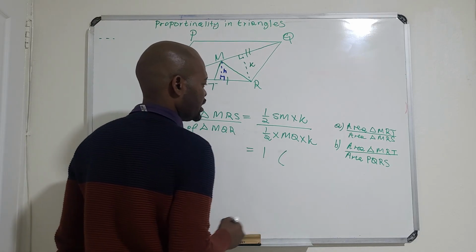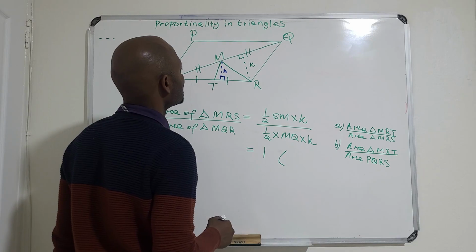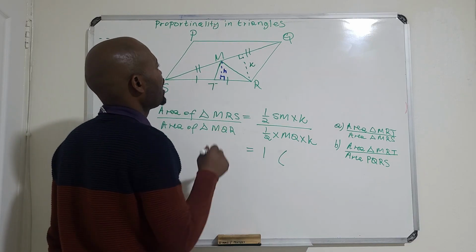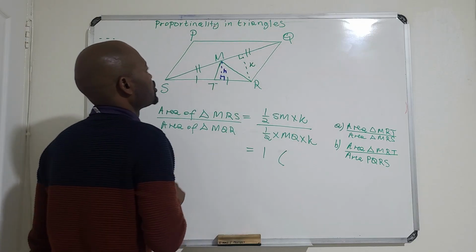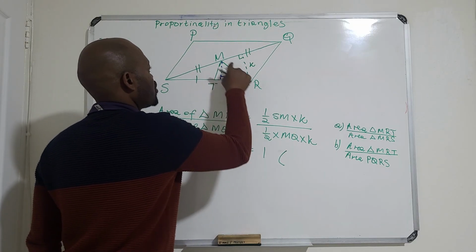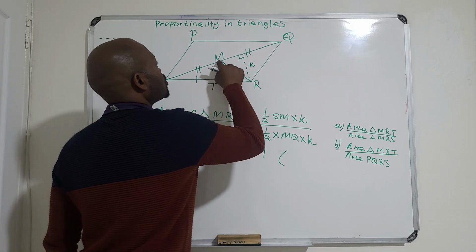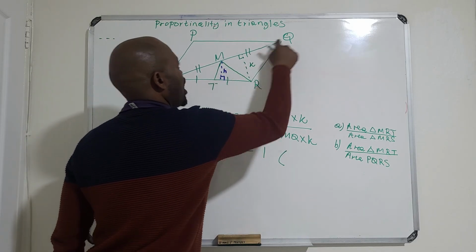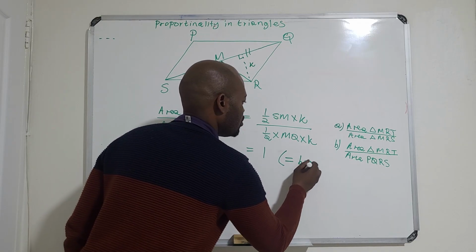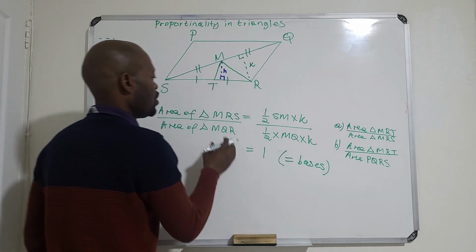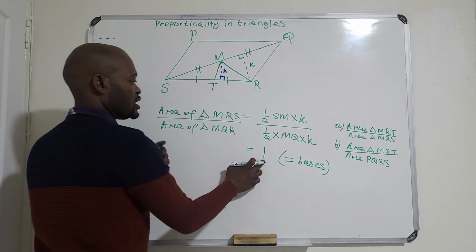Our reason is that we've got equal bases. The base of this triangle is equal to the base of this triangle. That is why we say equal bases, the reason why we say this is equal to 1.